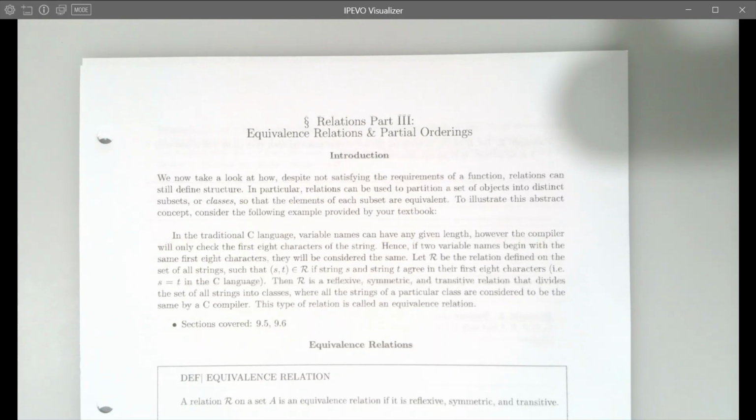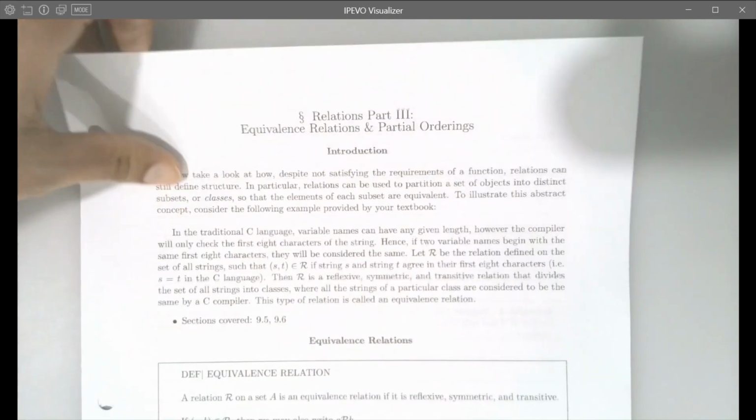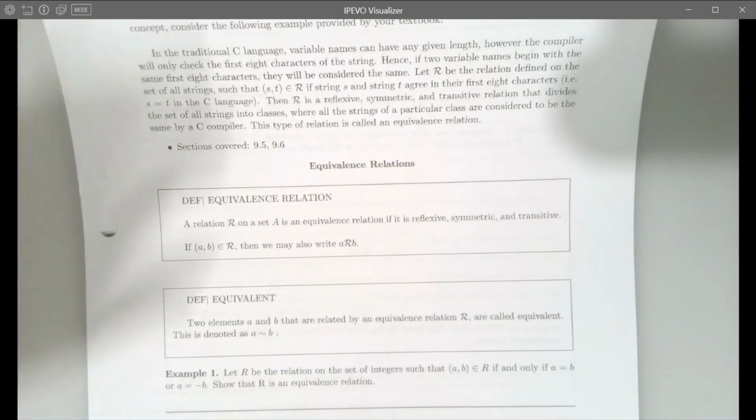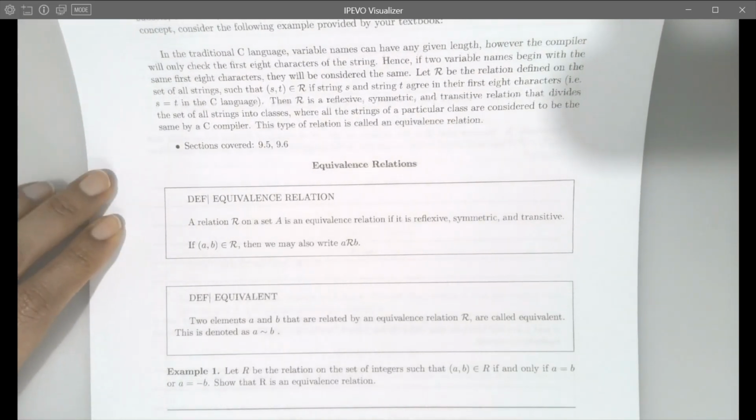So what we've just described, this relation that is reflexive, symmetric, and transitive, is called an equivalence relation. In such a case, we say that S and T are equivalent under the relation R. In general, we say a relation R on a set A is an equivalence relation if it's reflexive, symmetric, and transitive.